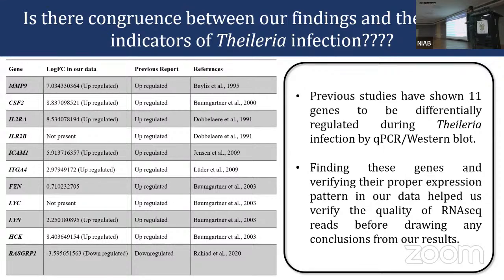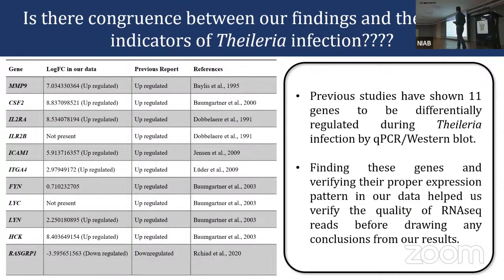So we selected 11 previously reported genes which were differentially regulated during Theileria infection and already confirmed by other studies using qPCR or Western blot. What we found is that our gene expression patterns match, which confirms our data and verifies the quality of the RNA-seq.